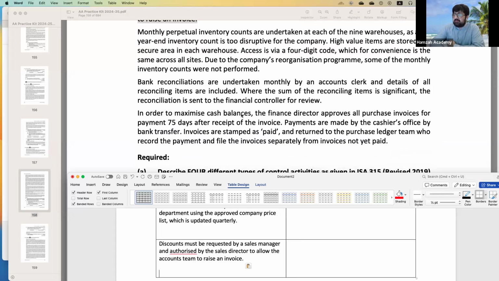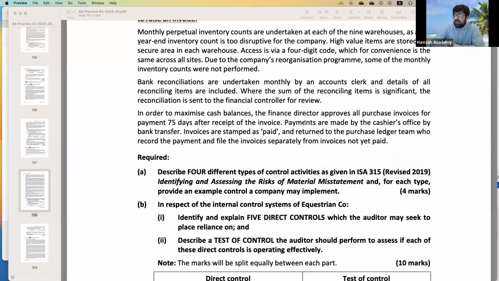In order to maximize cash balance, the finance director approves all purchase invoices. Again, it is weakness. Payments are made by the cashier's office. Invoices are paid by bank transfer and returned to the purchase ledger. Very good. Record is by a different person.